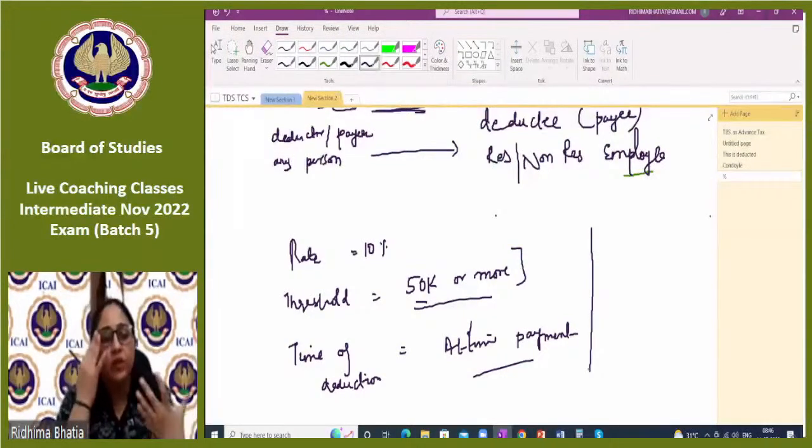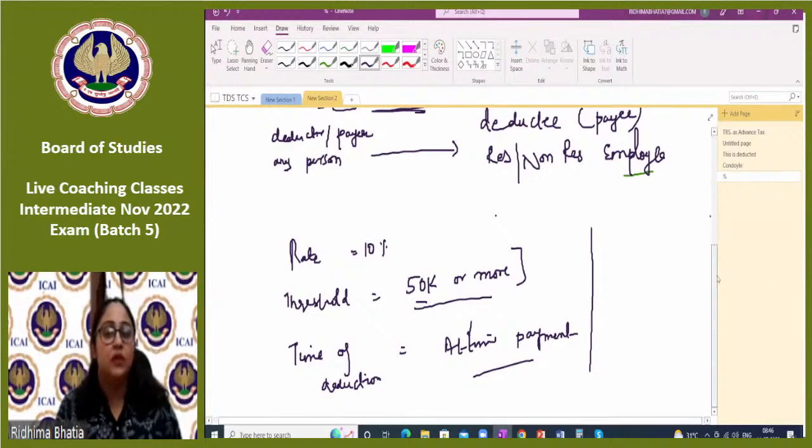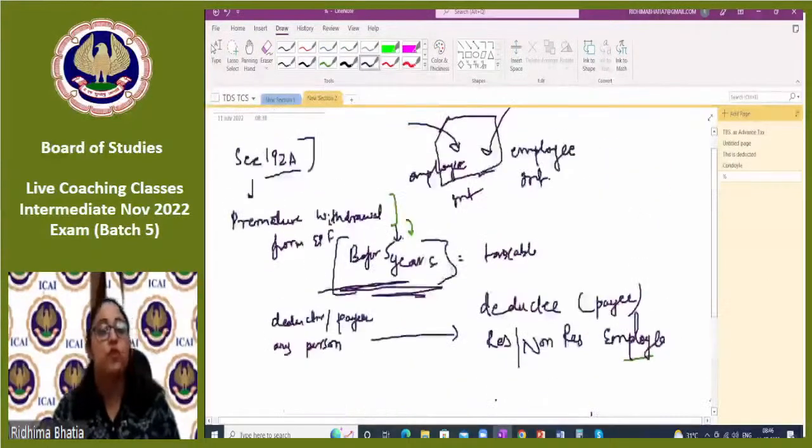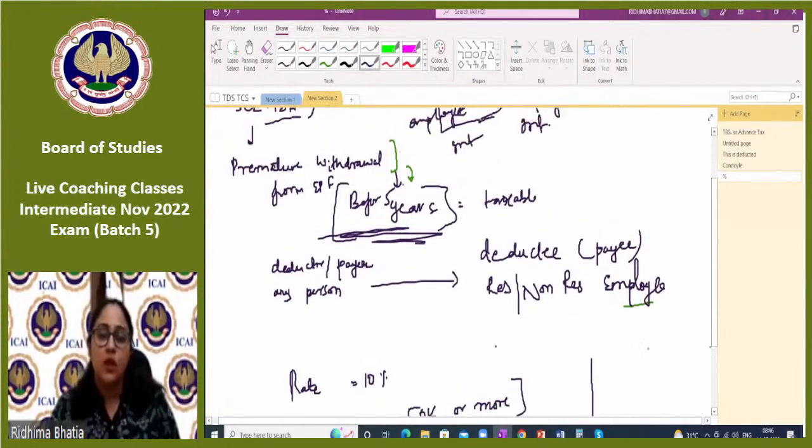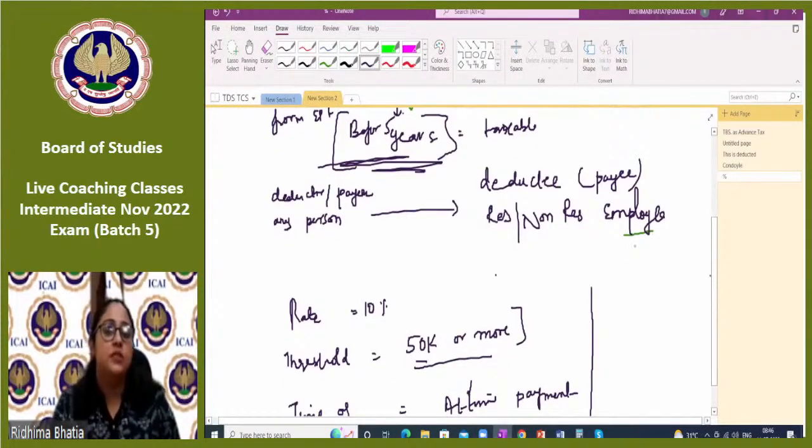If I do not know the PAN number, how will I deposit it on your behalf? So PAN is very important. We will discuss section 206AA at length. But here in this section, if the employee does not provide PAN, then the TDS would be deducted at MMR.